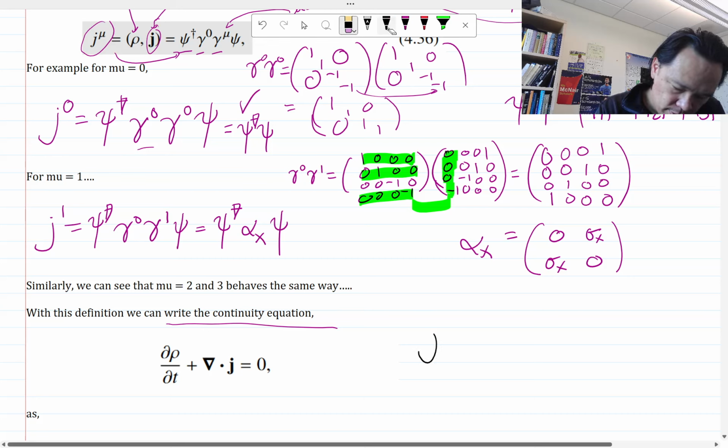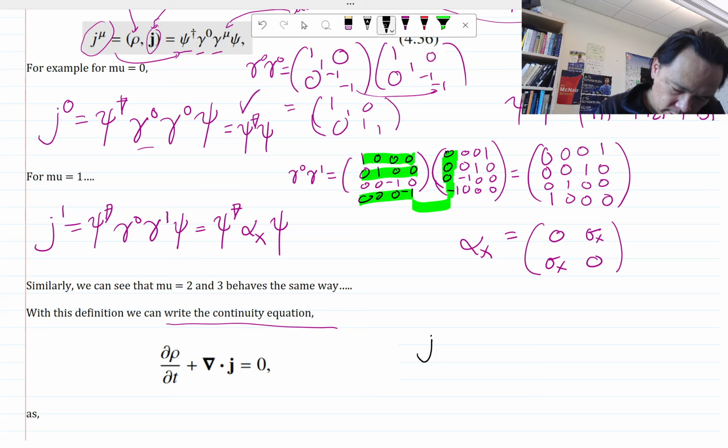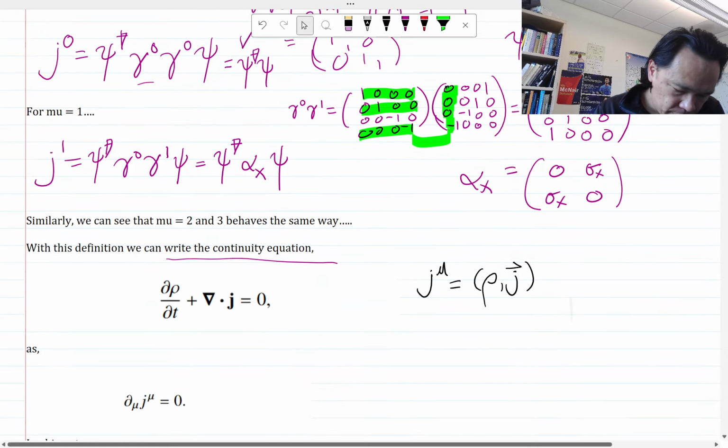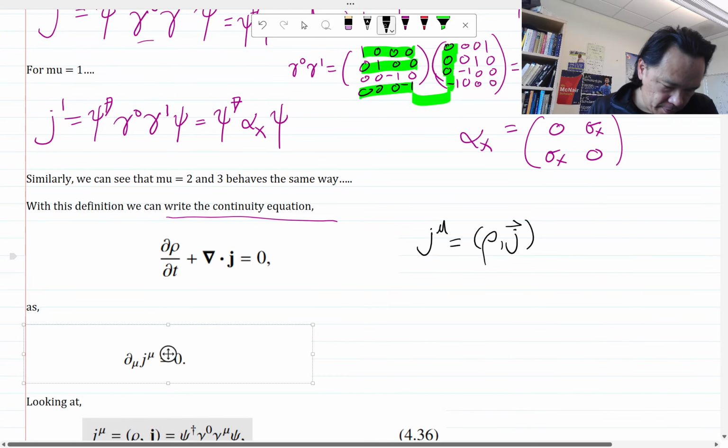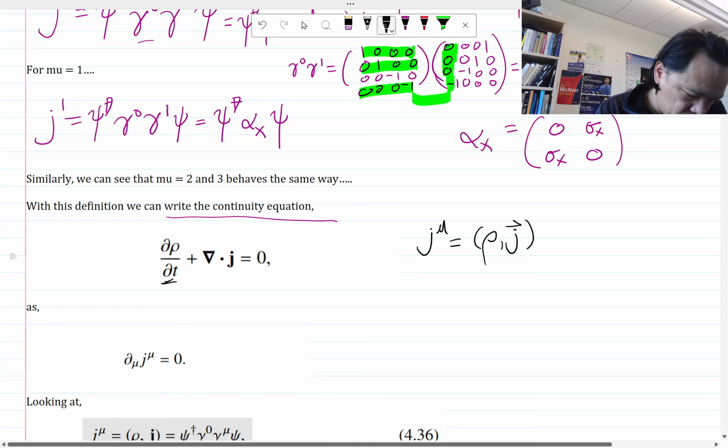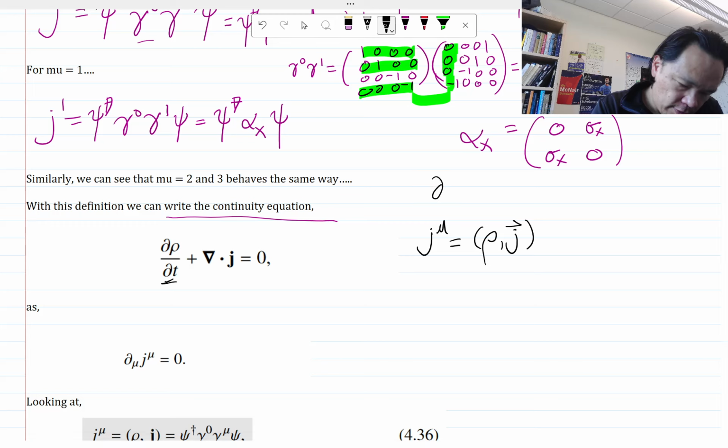It's a lowercase j unfortunately, so it's kind of funky writing, where it is rho and J. In this case we have a time derivative here, and remember that the covariant derivative is partial by partial t, partial by partial x, partial by partial y, partial by partial z.